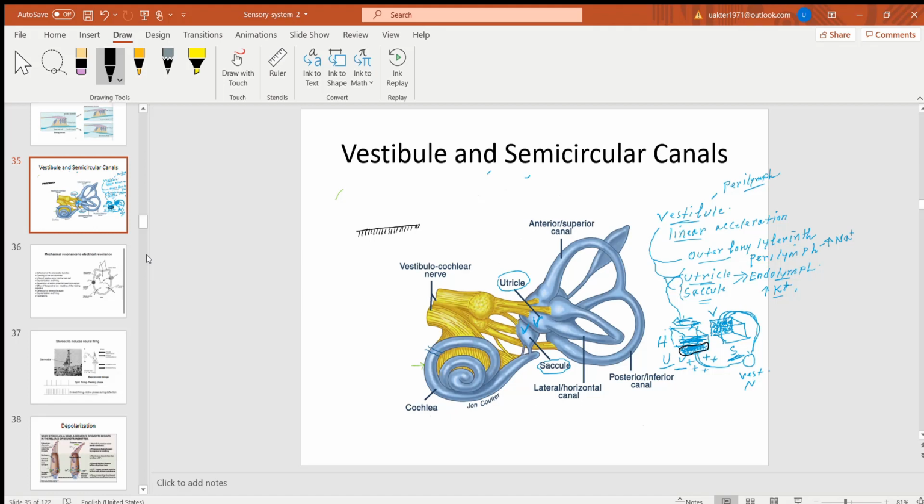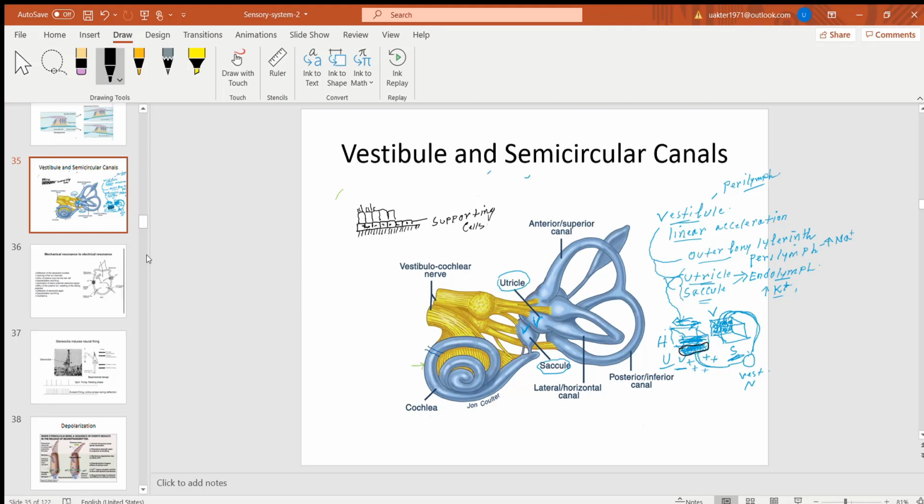And on the basement membrane you have the supporting cells, to support the hair cells. And on the supporting cells you have the hair cells, and you have the stereocilia, like cochlear hair cells, same way.